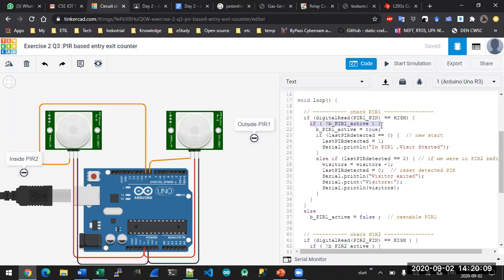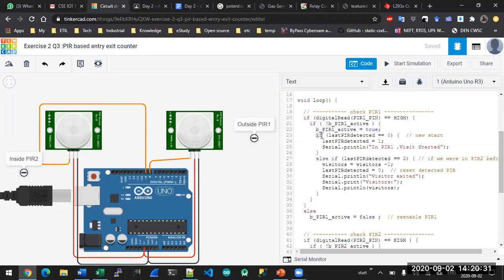So if previously it was not active, now we make it active because we have detected the motion of the person, and we know now PIR1 is active. Now we have to check what the last PIR detected was, 1 or 2.